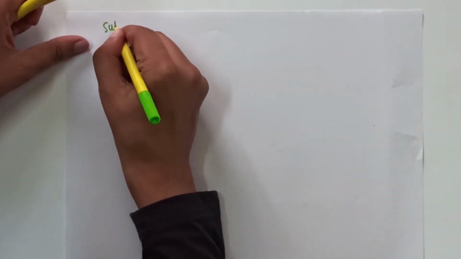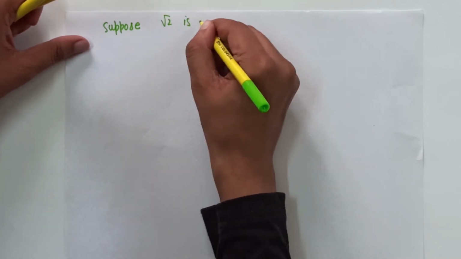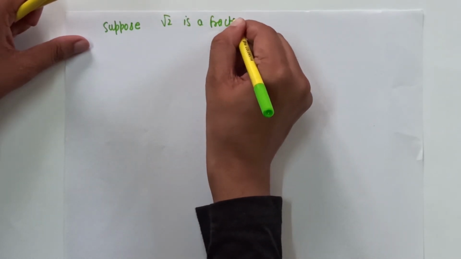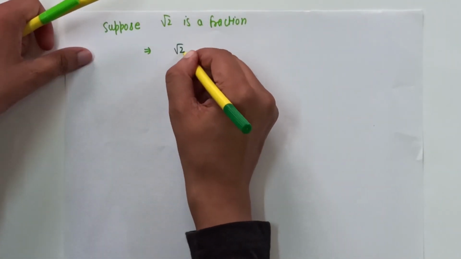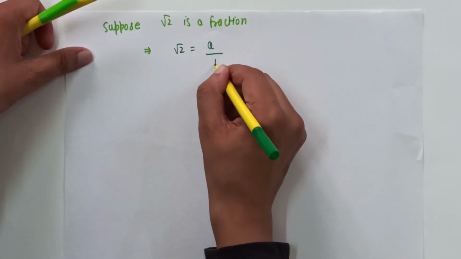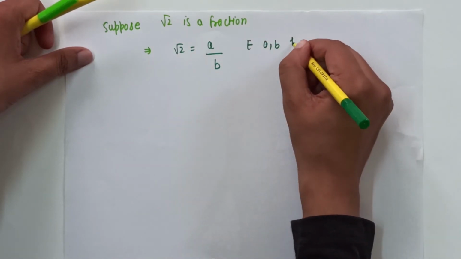Again, I'm going to try and explain why this is the case. Suppose root 2 is a fraction. What does that imply? Root 2 can be written in the form a upon b, such that a and b have no common divisors.